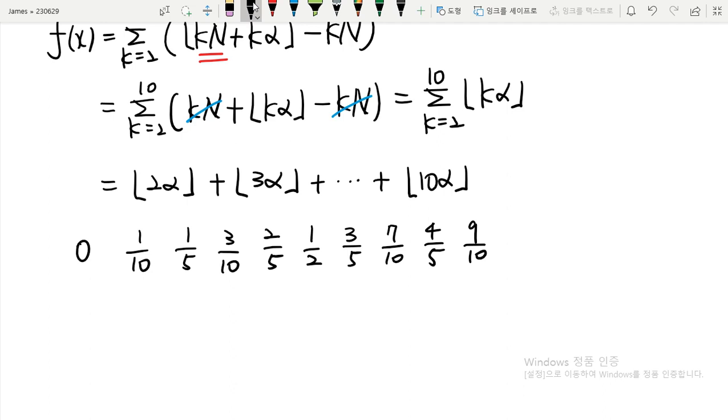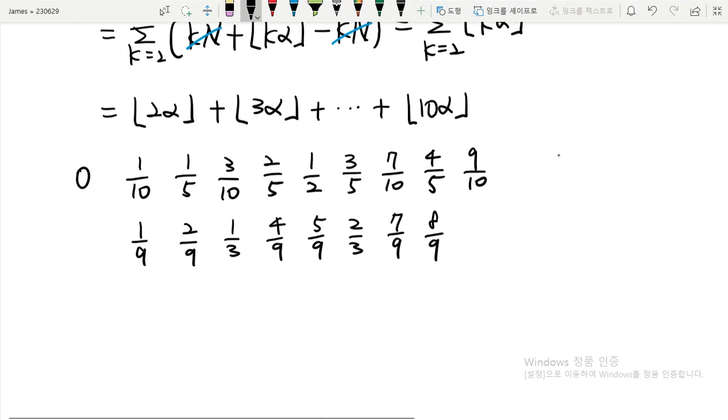And then next one is 9 times alpha. So for 9 times alpha to be an integer, alpha should be 1/9. Yeah, so these are the values of alpha which make 9 alpha an integer.